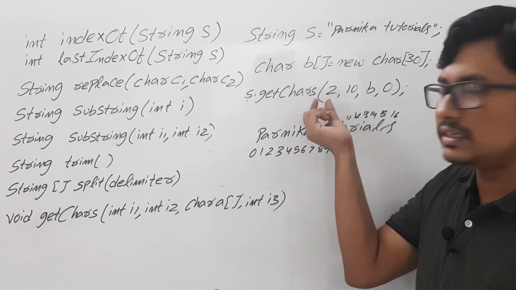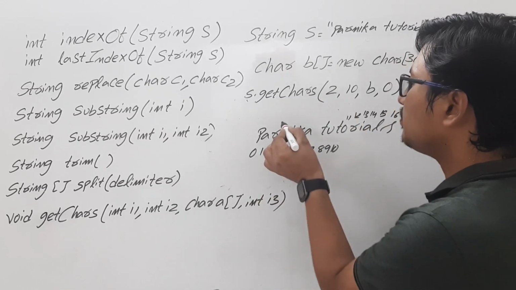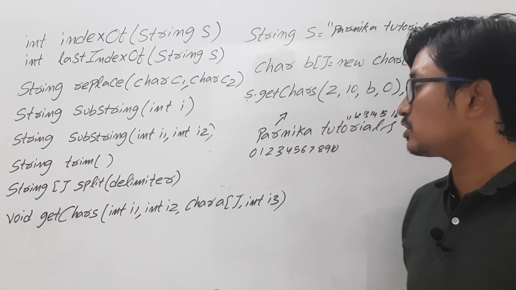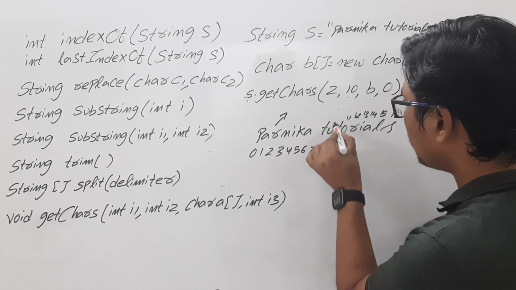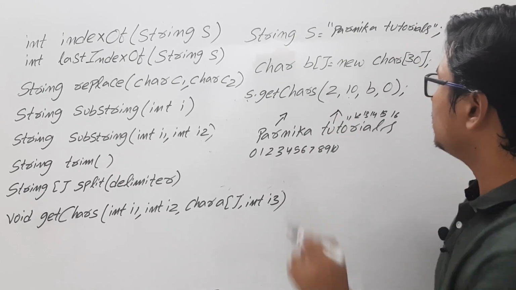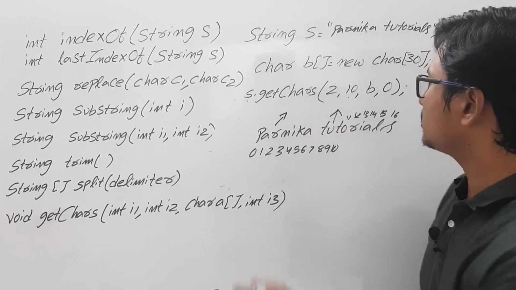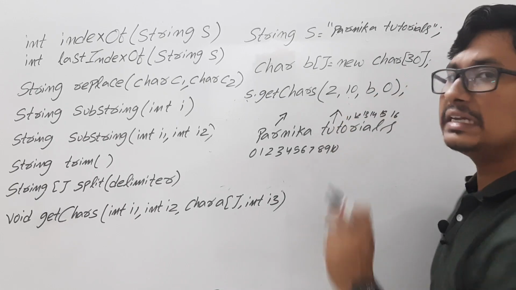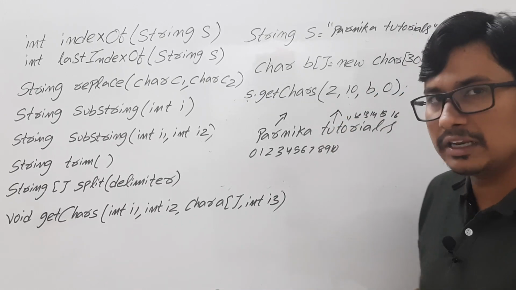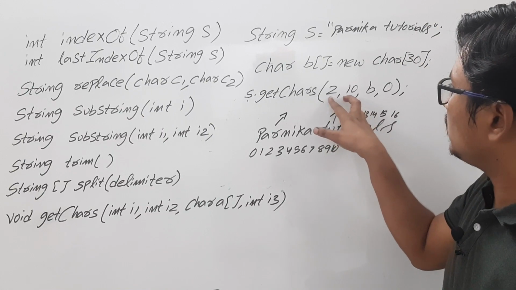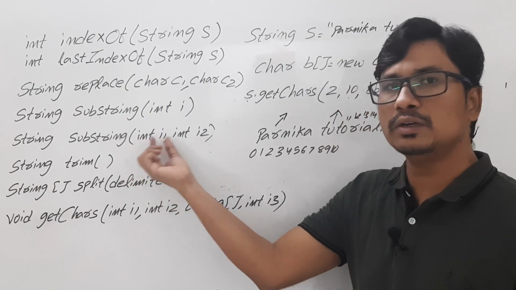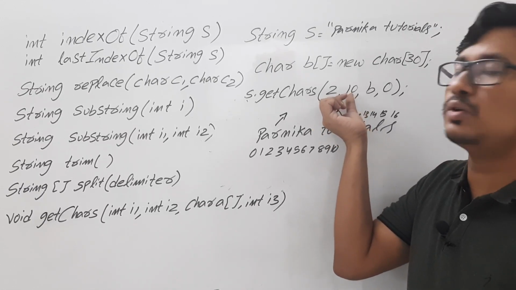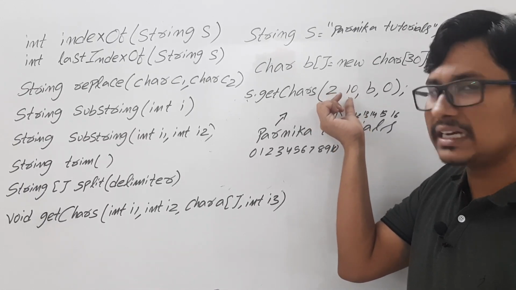What is the first one? The value 2 says from index 2 up to index 10, excluding 10, so it will go up to index 9. Let me repeat again: 2 comma 10 is like a substring from 2 to 10, where 10 is excluded, so index 2 to index 9.